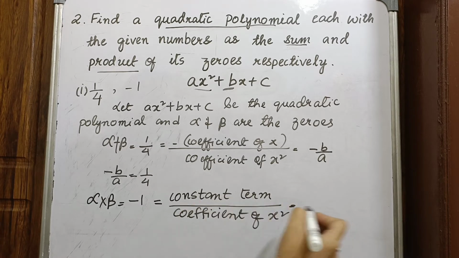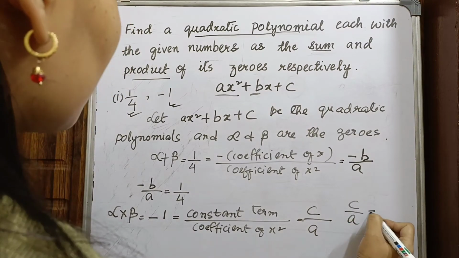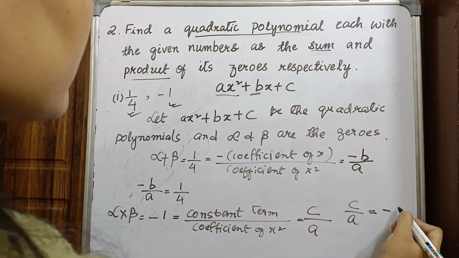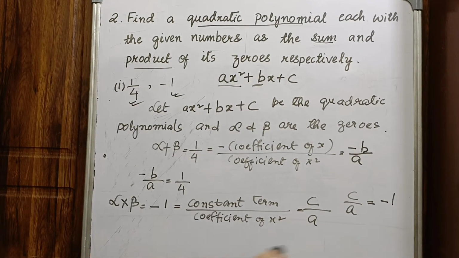What is the constant term? It is c, and the coefficient of x square is a. So we got c by a equals minus 1.